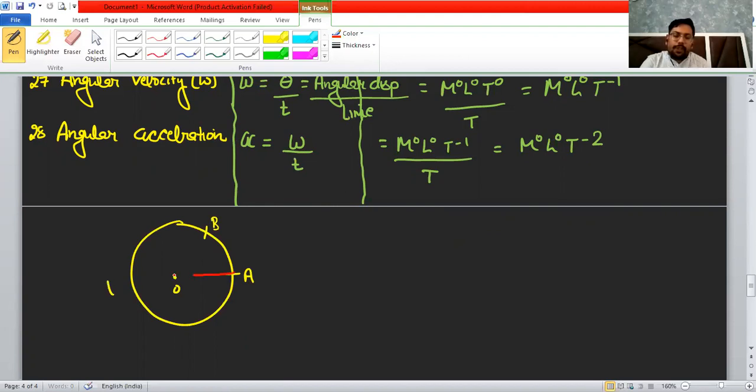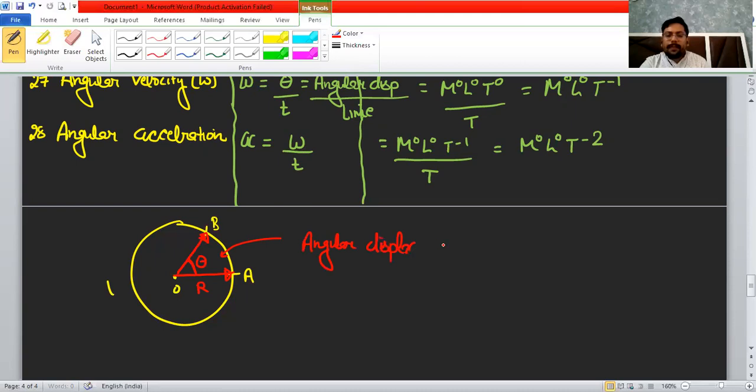This is called the initial position vector or initial position line, and it goes up to B. So B is called the final position vector. So the angle formed between these initial and final position vectors is given the name angular displacement.